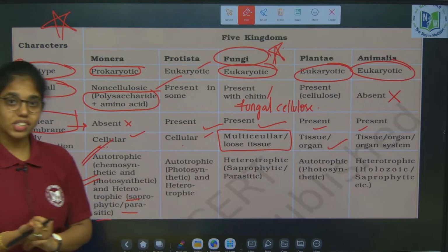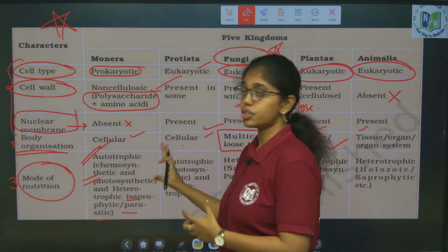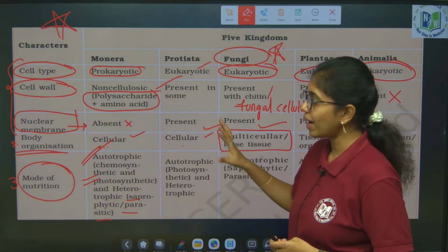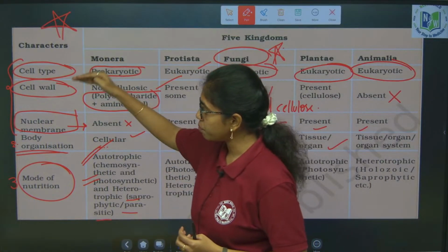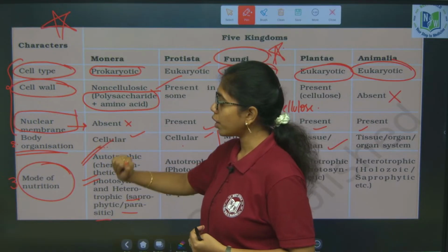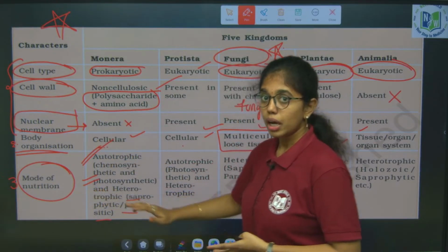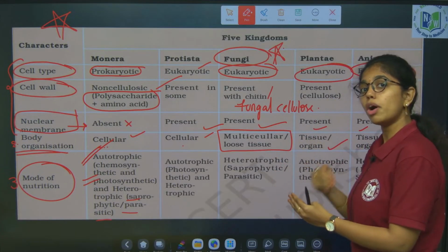Yes ma'am, in 2025 a question arose from this chart. Questions will definitely arise from this chart, but you have to look into this chart from a different perspective. Like I told you, amongst the 5 criteria, only 3 are given: cell type, cell wall and nuclear membrane come under cell structure only, and then body organization and mode of nutrition. So, this chart tells you more information.